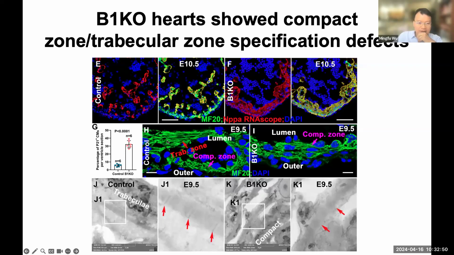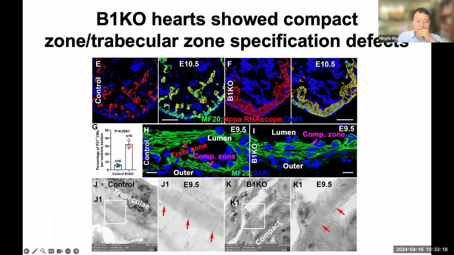As you can see, the trabecular cardiomyocytes have a clear pattern of a sarcomeric array, but not the compact cardiomyocytes. However, in the knockout, you can see they also form the actin filament and the sarcomeric array in the compact zone, suggesting that the cardiomyocyte in the compact zone in the knockout is more mature than the cardiomyocyte in the compact zone in the control.